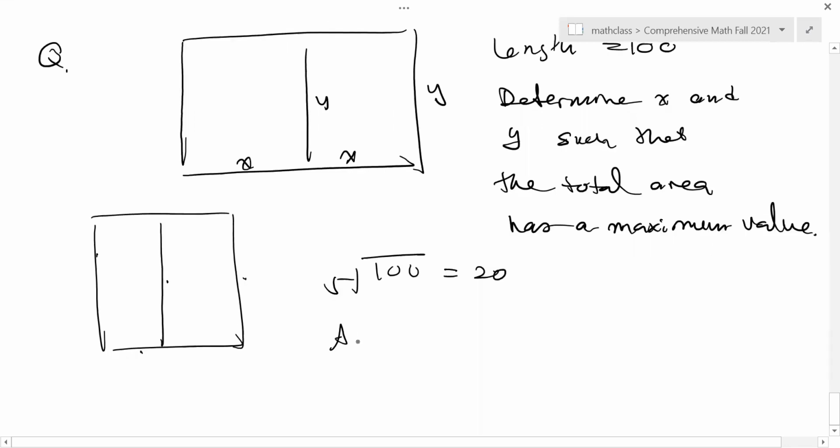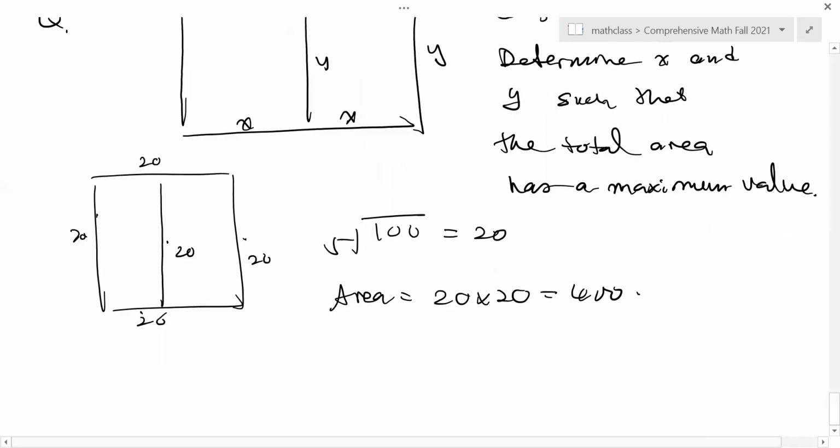So here's 20, 20, 20, 20, 20. So it's easy to cut and you make a square. The area in this case is going to be 20 times 20, it's 400. So the question is, is 400 the largest area you can get?